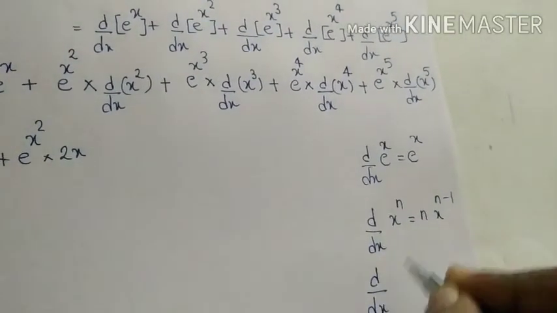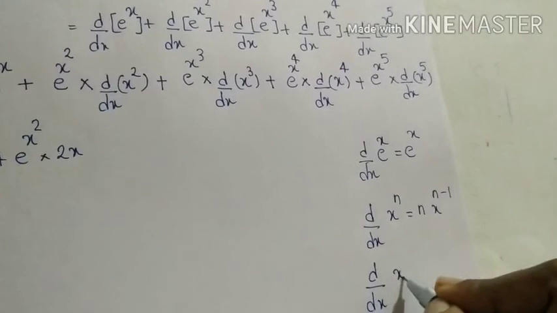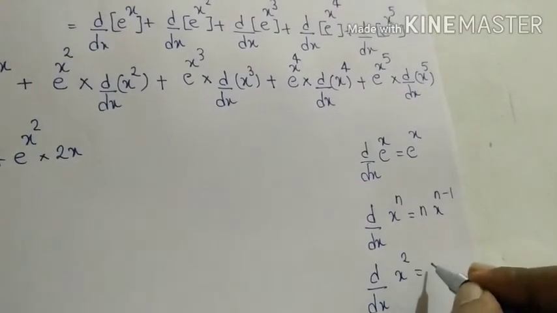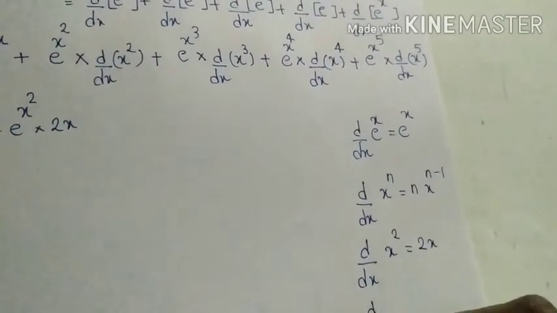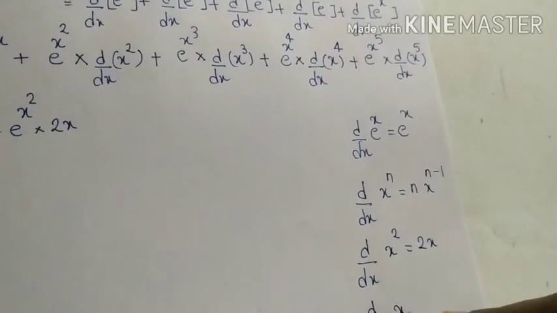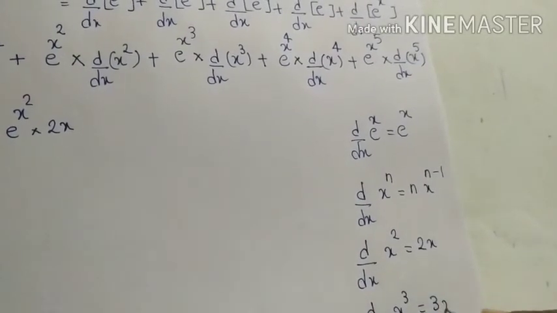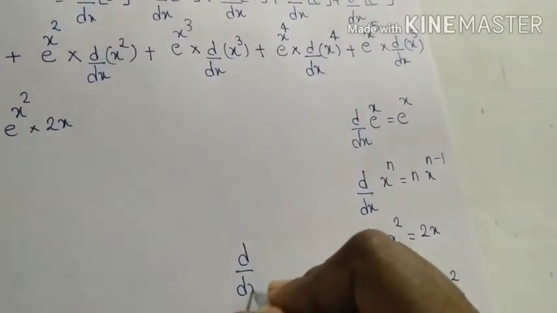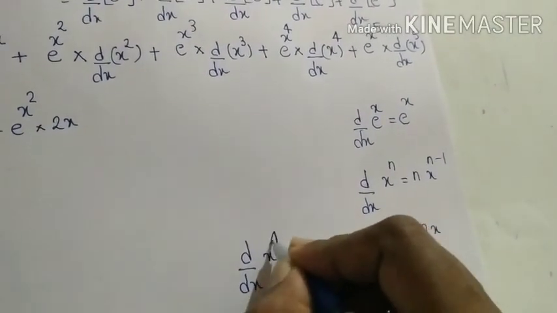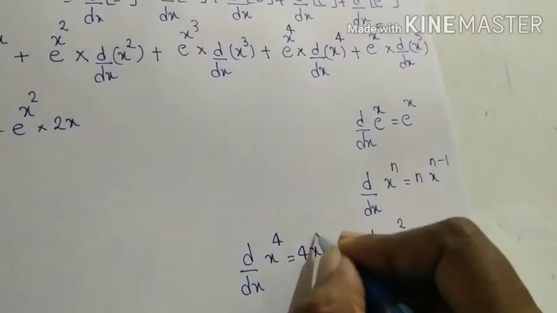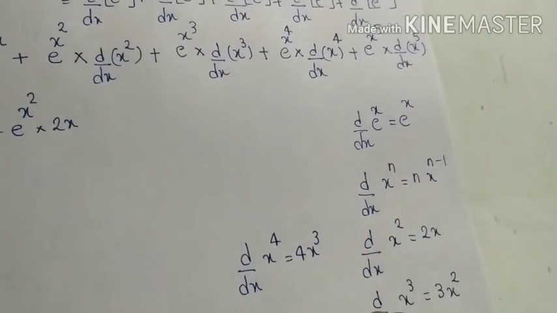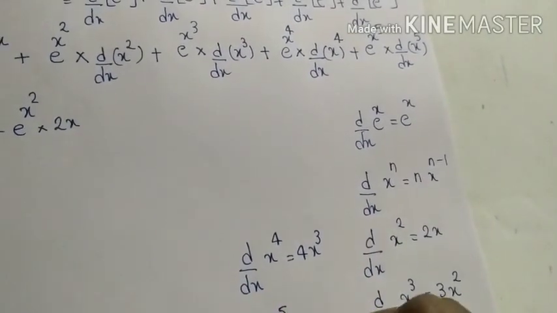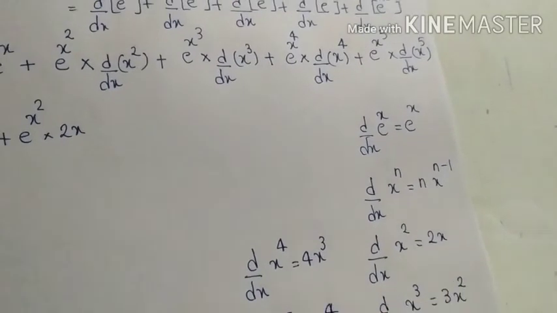So by using this formula, the derivative of x square becomes 2x, the derivative of x cube becomes 3x square, the derivative of x raised to 4 becomes 4x cube, and the derivative of x raised to 5 becomes 5x raised to 4.